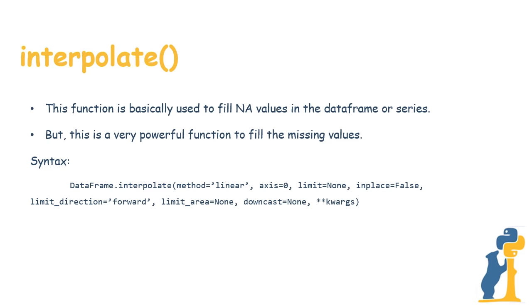Here we also have to specify the axis. Axis is also used to specify row wise or column wise interpolation. With limit, we can specify the number of rows or columns for which the interpolate calculations are done. Inplace, we are well aware of: the inplace attribute is used to change the structure of the existing data frame.